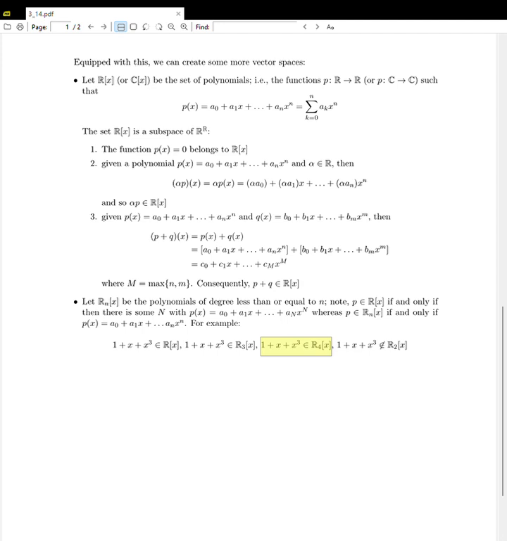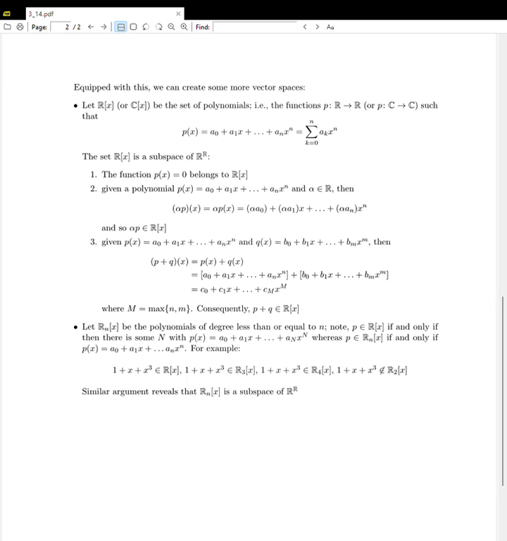All right. So a similar argument will reveal that this is in fact a subspace of the set of real-valued functions. So it is a vector space in its own right. But what's also interesting is that it's also a subspace of all of the polynomials, which is really neat.